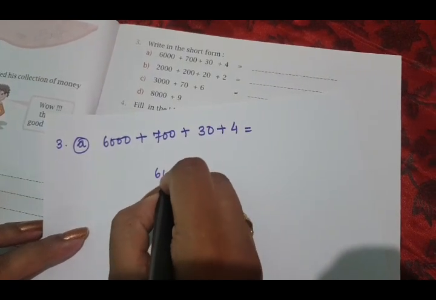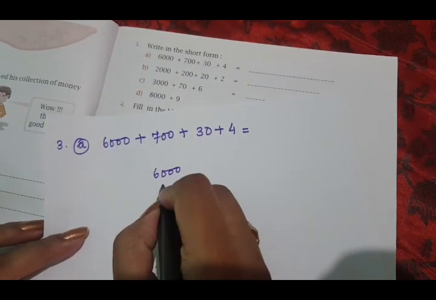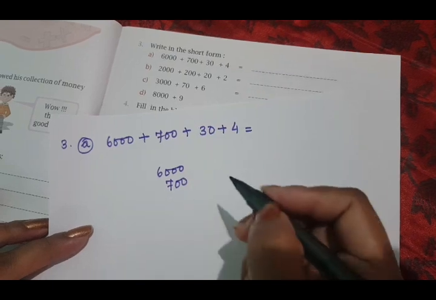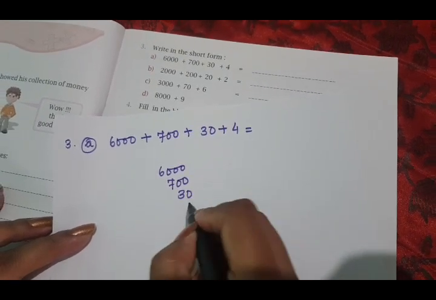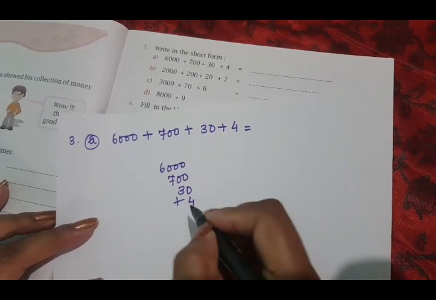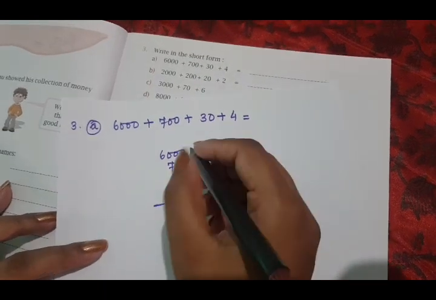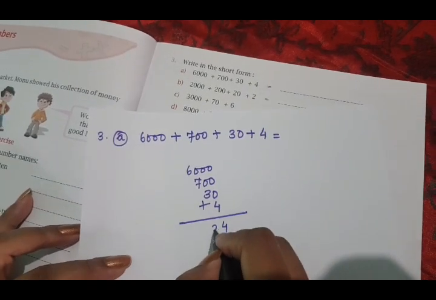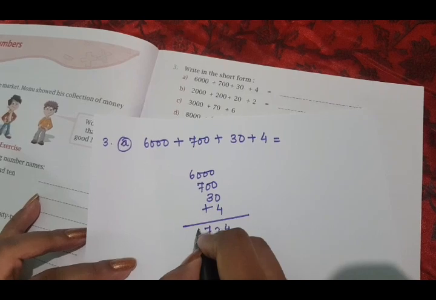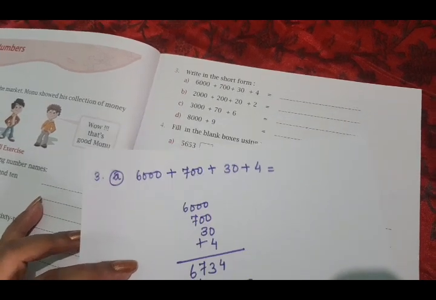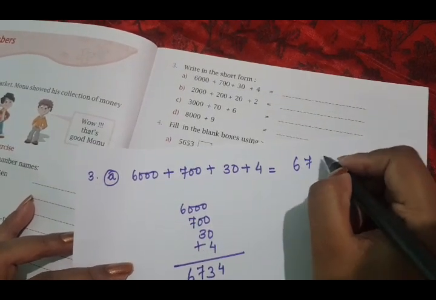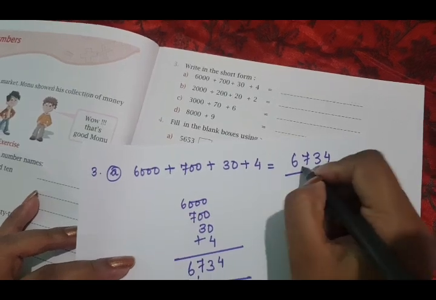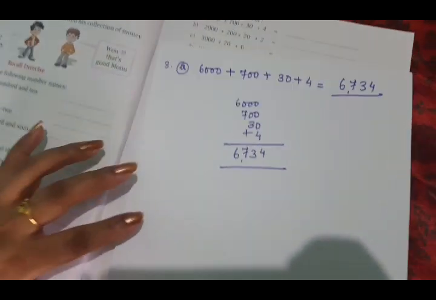So you can do the rough work like 6,000, 700, 30 and 4. Then add all these numerals. So you are getting 4, 3, 7, 6. So 6,734 will be the correct answer.